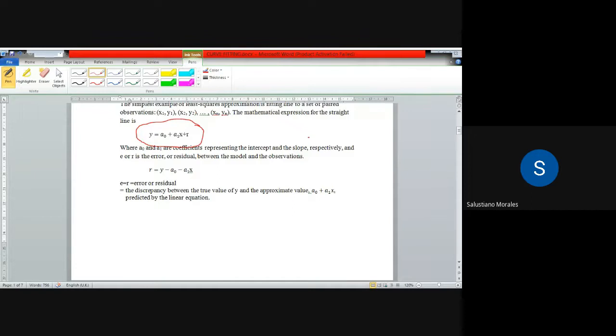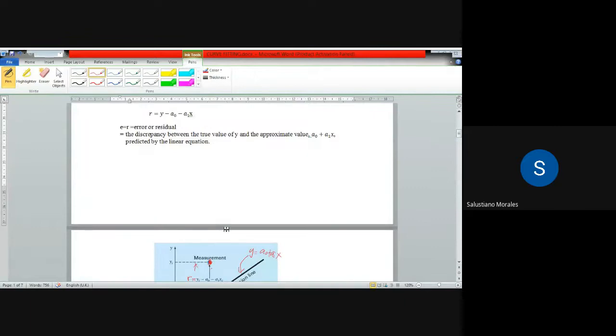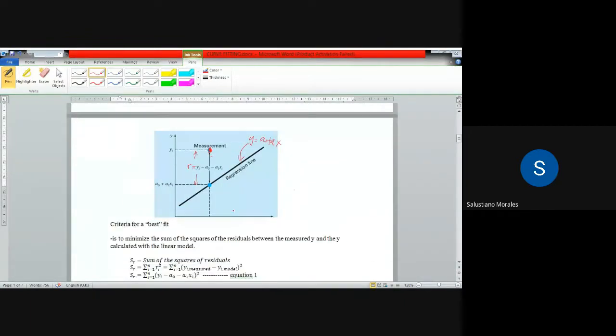If we solve for the residual, the error should be equal to y minus a0 minus a1x. So r, or e, is the discrepancy between the true value of y and the approximate value a0 plus a1x predicted by the linear equation, as we showed earlier. So that is our error.